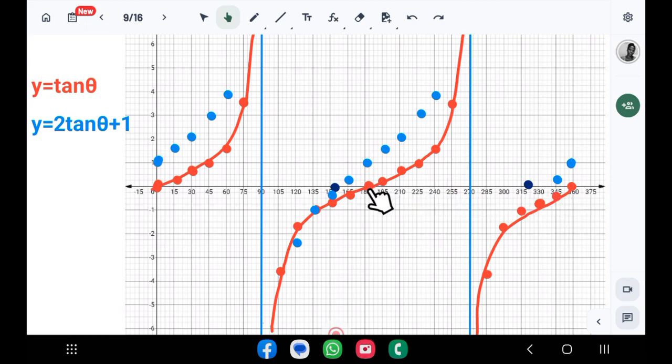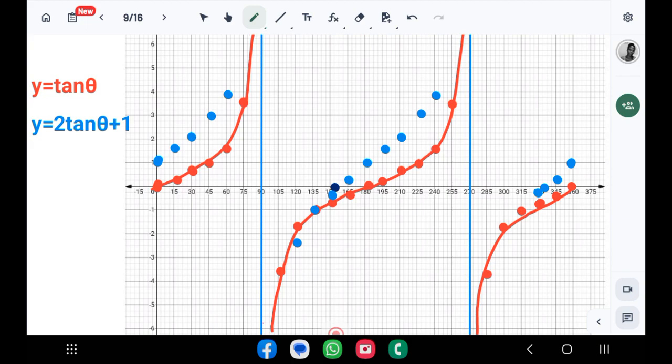The 330 matches with that one. Okay, it should be there, down below. So this point should be here, 333. Yes, that's the point. And then this one should be matching with that one, the 330.